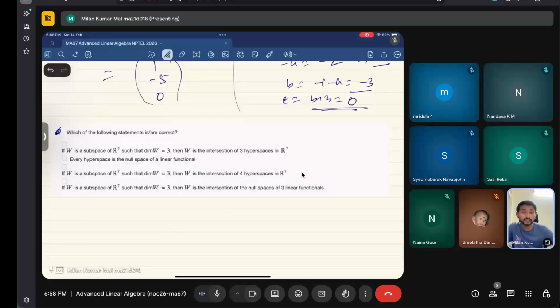First, let's see what a linear functional is. Here I need a little bit of theorem.